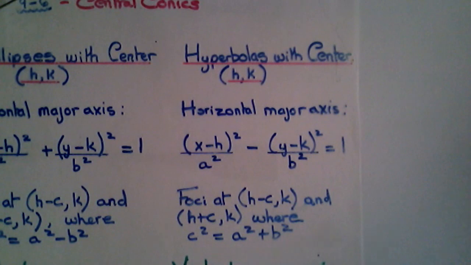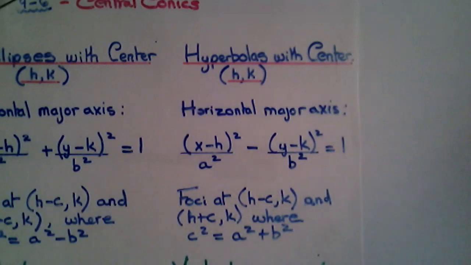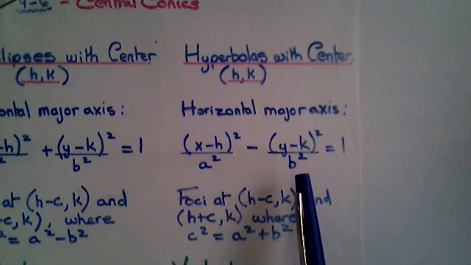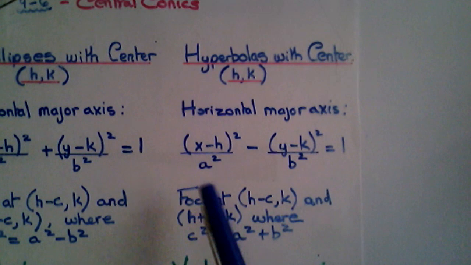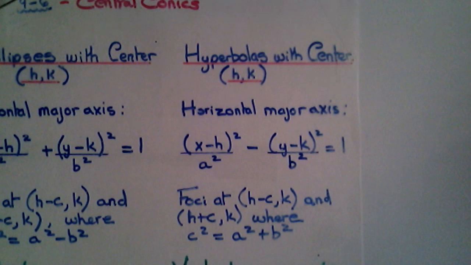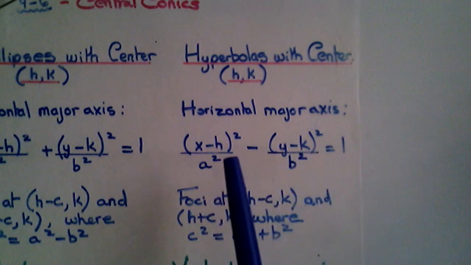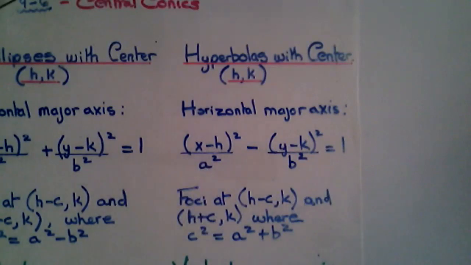Now let's have a look at the hyperbola. We know it's a hyperbola because it's got the negative there. It's equal to 1. Now, on a hyperbola, unlike an ellipse, the a and the b do not move positions. a squared is here, b squared is here. Doesn't matter if this is a bigger number or smaller number. What really matters is if there's a negative near the y squared, the x squared, the horizontal major axis, is where the branches are going to be.